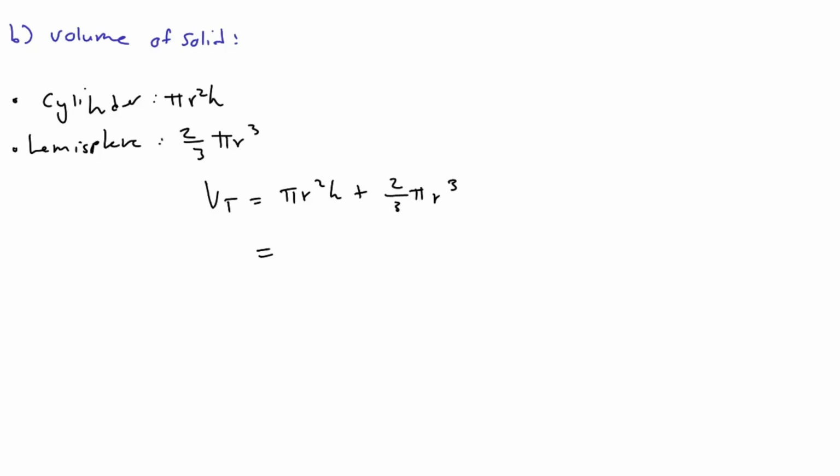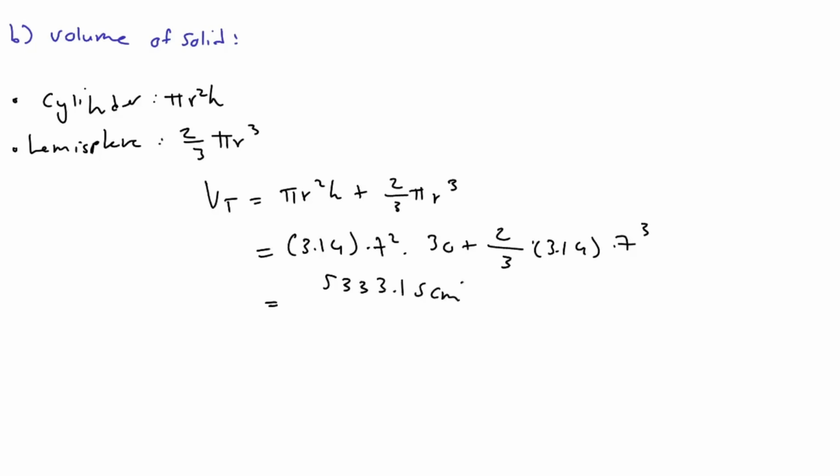I'm going to take pi as 3.14, so 3.14 multiplied by 7 squared multiplied by 30, which is the height, plus 2 over 3, taking 3.14 for pi, multiplied by the radius of 7 cubed. And our final answer, when we calculate this, is 5,333.15 centimeters cubed.